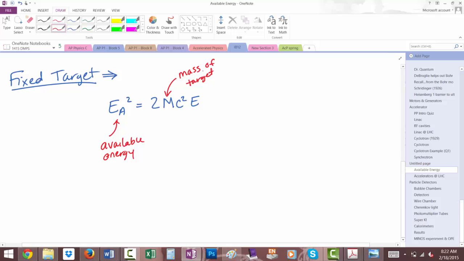C, we know, of course, is the speed of light. And this E is the total energy of the particle.